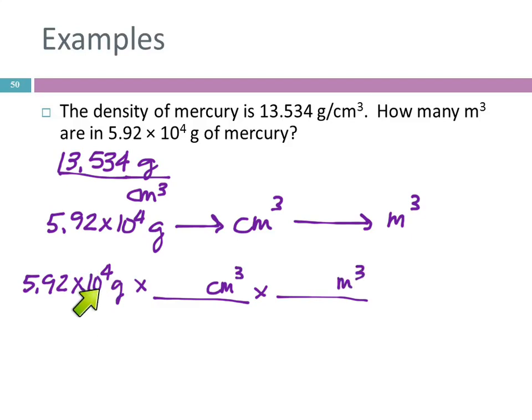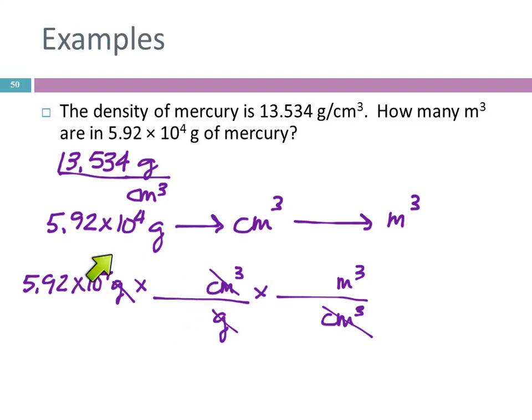And then I take this unit, and that goes in the bottom, because I want those to cancel out. And then I put cubic centimeters in the bottom. This is the pattern of unit analysis, and it works for all kinds of things. It's awesome. I get all my units in there. Then I go looking for numbers.